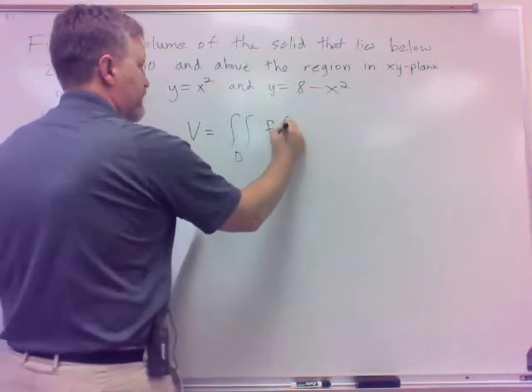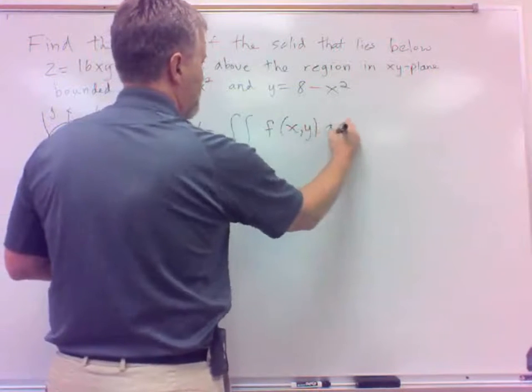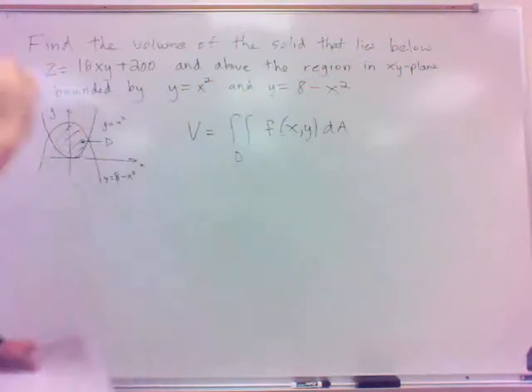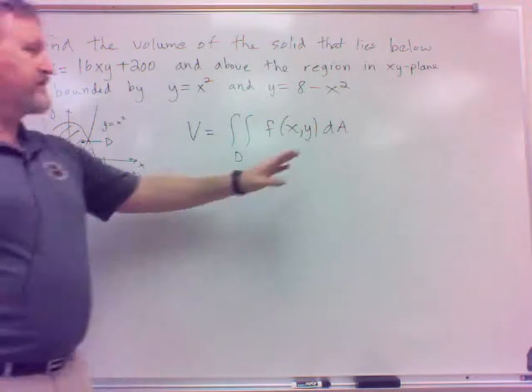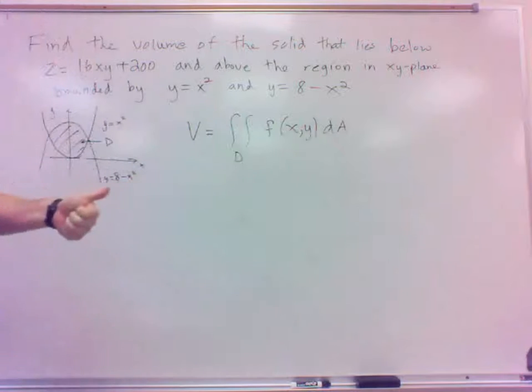By doing the double integral of f of xy dA. Now we have a choice here. Of course, dA, we can either do dx dy or dy dx, depending on which way we would think would be best to do first.